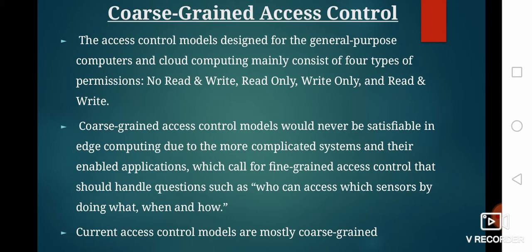Here coarse-grained means accessing multiple data at a time, and fine-grained means accessing a single data item every time. Current access control models are mostly coarse-grained.